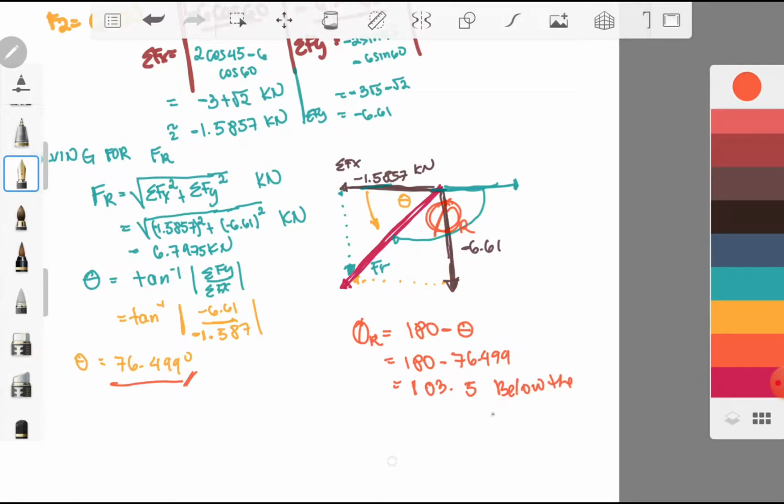Take note that this below the x-axis indicates the direction of your theta, that is, the 103.5 is below the negative x-axis, which means it is at negative 103 degrees. Okay?